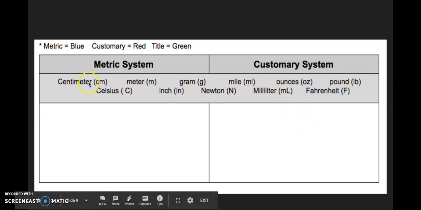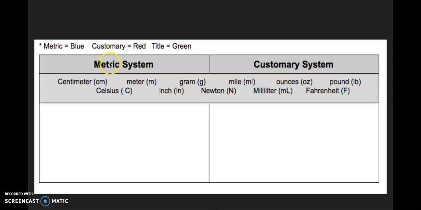So we have centimeter. Does that go in metric or customary? Meter, gram, mile, ounces, pounds, Celsius, inches, newtons, millimeters, and Fahrenheit.